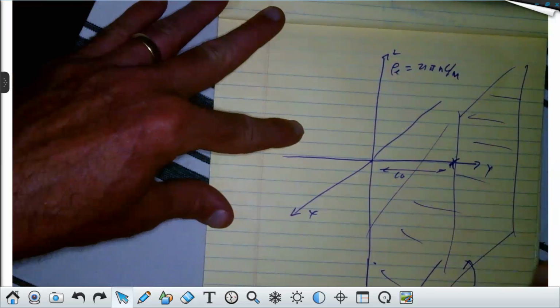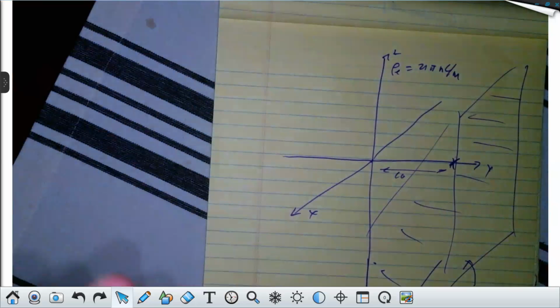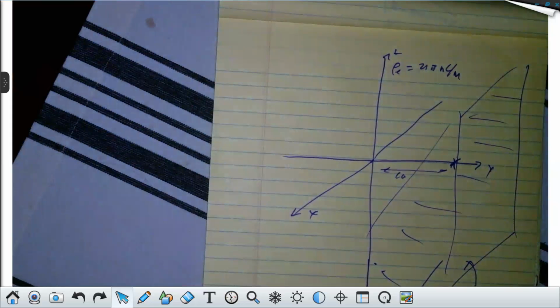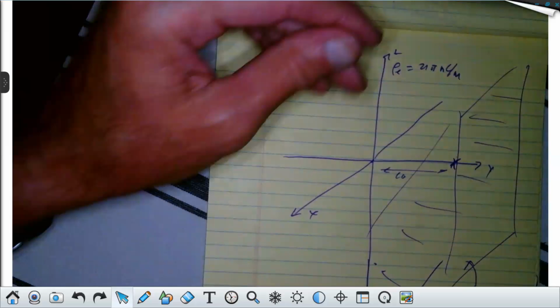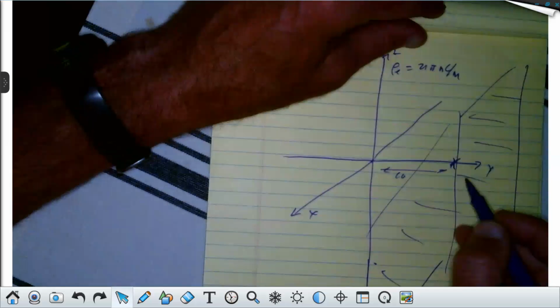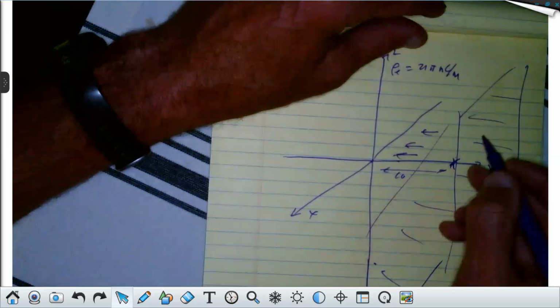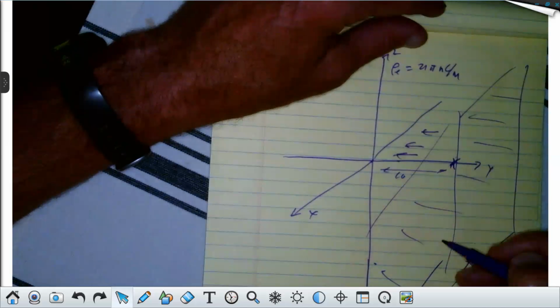You all have a basic idea what's going on here. I've got an infinite plane perpendicular to the y-axis at 10 meters, and then I have an infinite line right on the z-axis. I want to find out where the electric field is 0. Let's just discuss this for 1 second before we solve it. If this is plus charge here and this is an infinite line, when I'm on this side of the line, you all see how the electric field is pointing that way from the infinite plane, right?